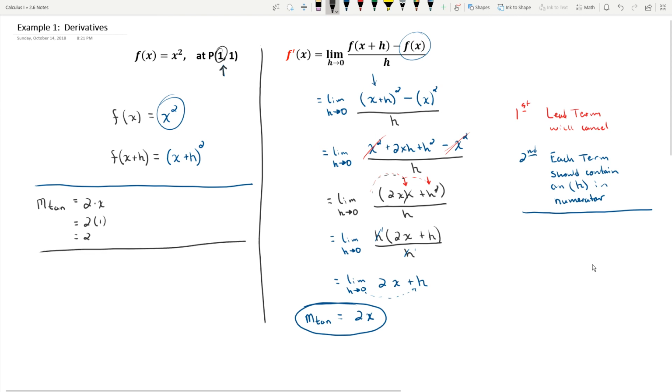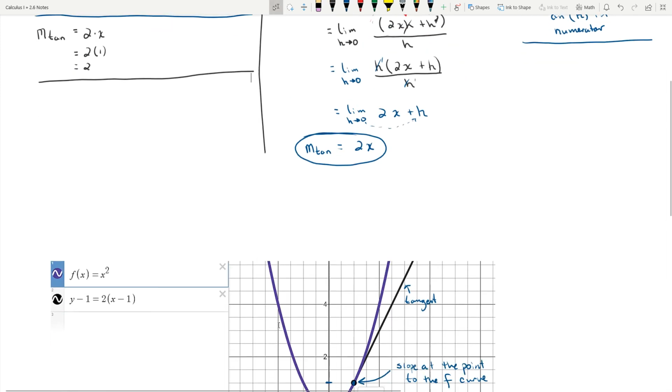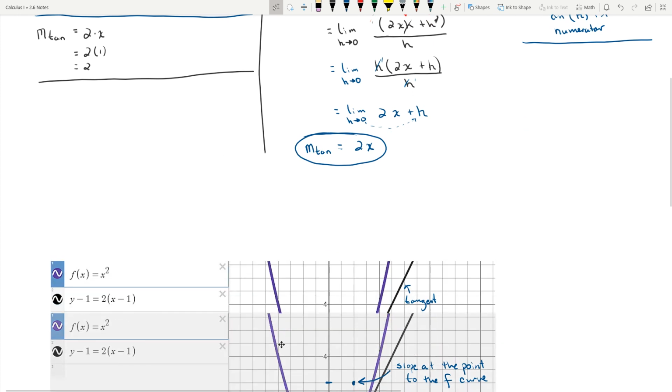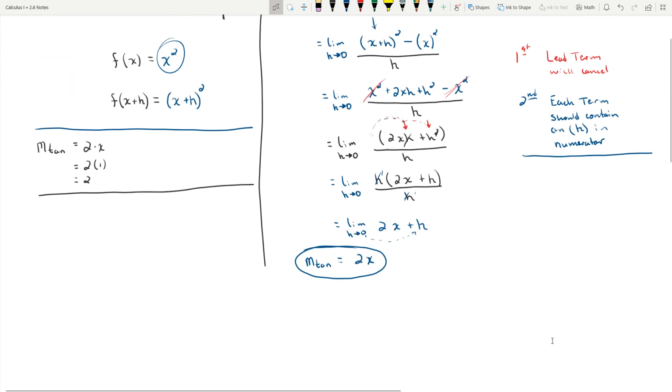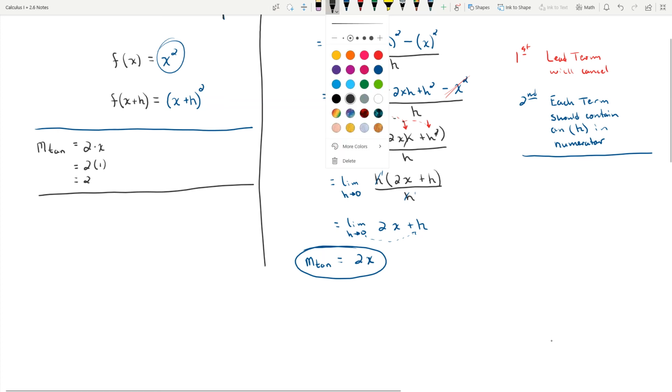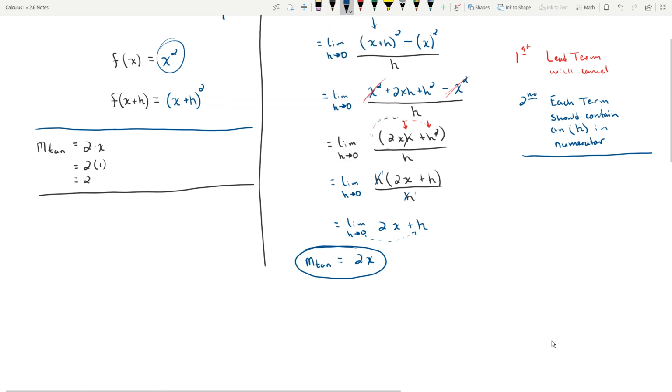Next, what we'll want to do is find that equation for the tangent line. So I'm going to write this in here. This gives you slope at any point using your x input.